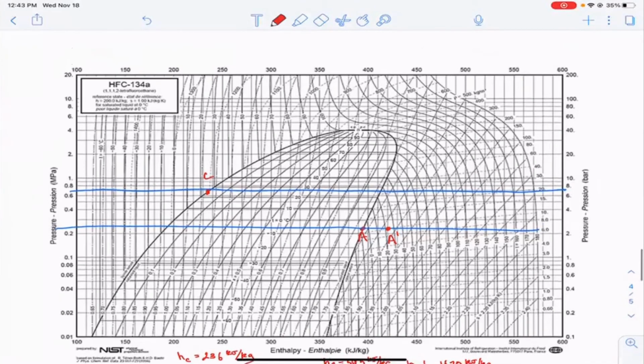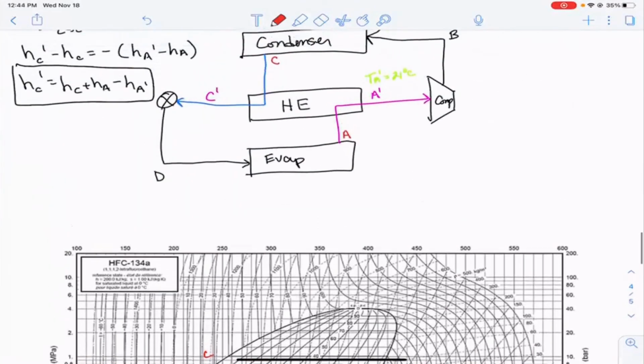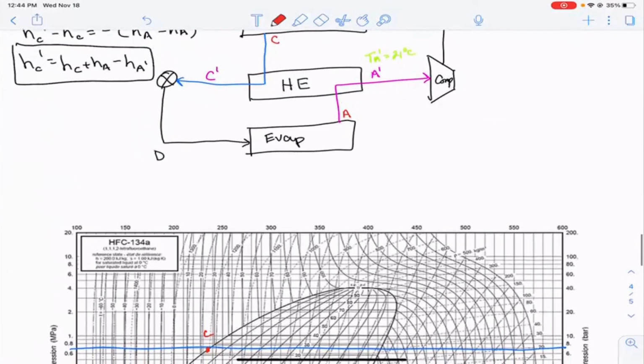Using the equation we've written above, we can find the enthalpy for HC prime. So HC prime equals HC, which was 236, plus HA, which is 395, minus HA prime, which is 420. And that's 211 kilojoules per kilogram.